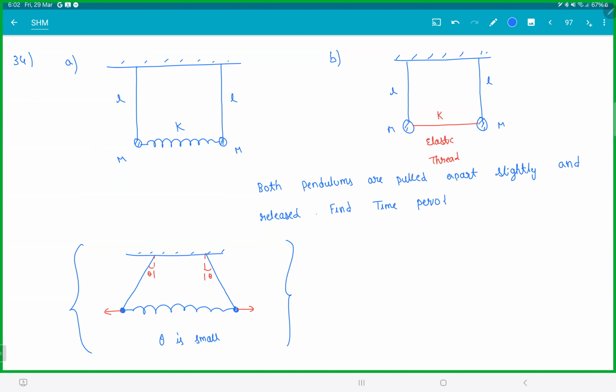See whether you draw the FBD or not. What is the elongation in the spring? If you take this as theta, this is L, and this part here is L theta.